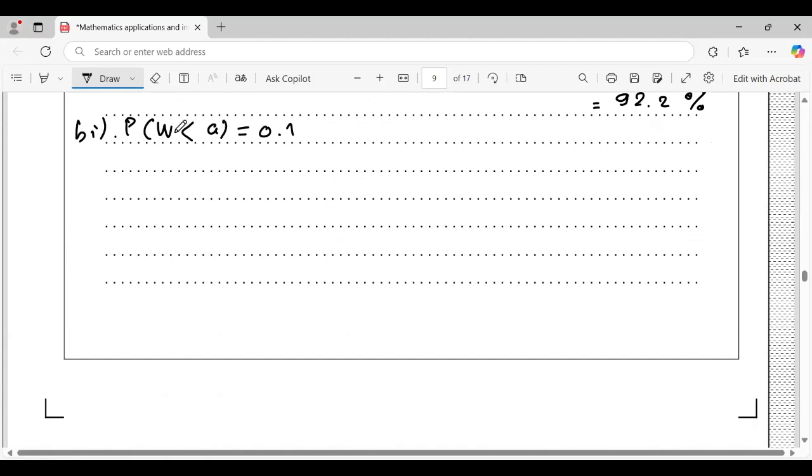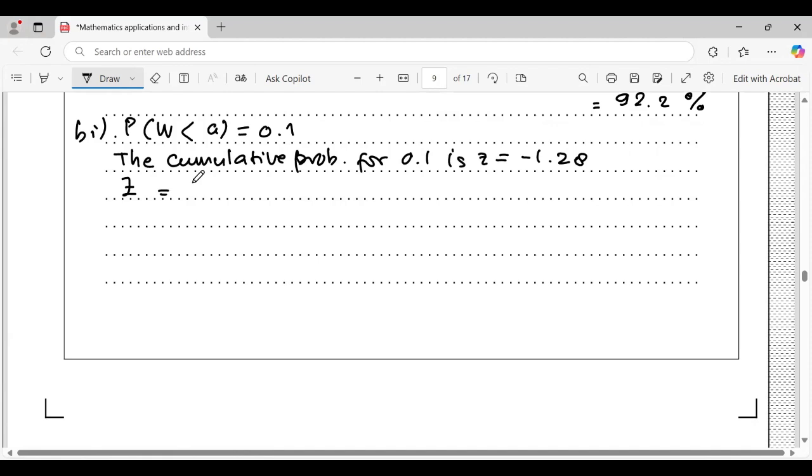The cumulative probability for 0.1 is Z equal minus 1.28.